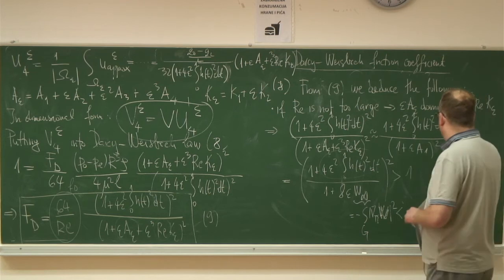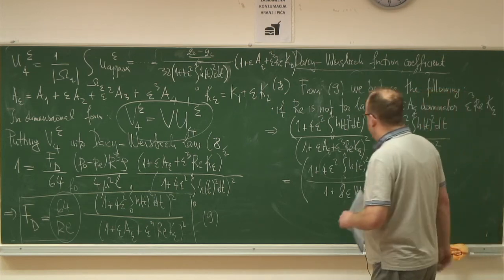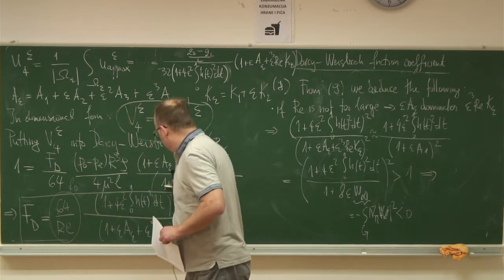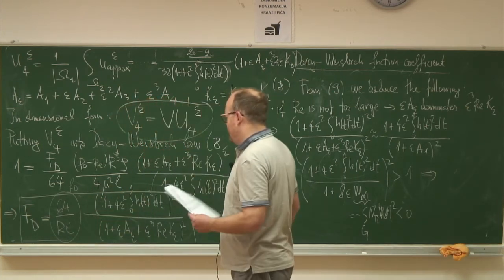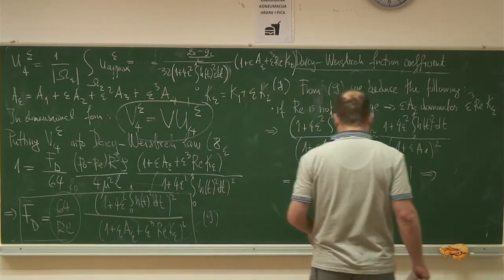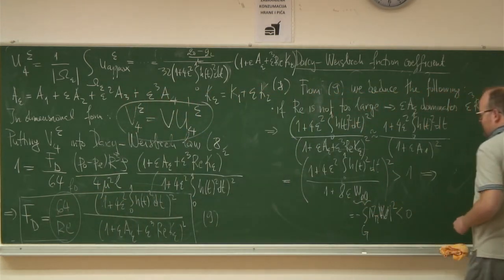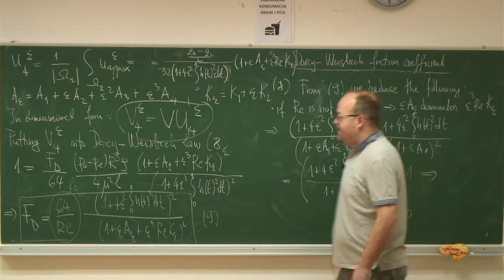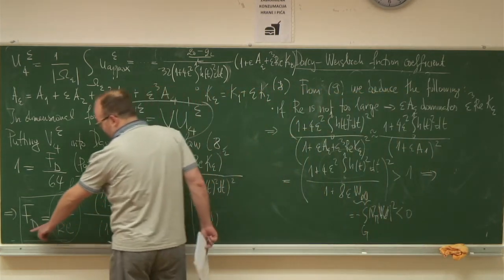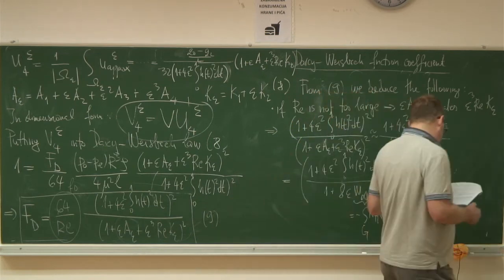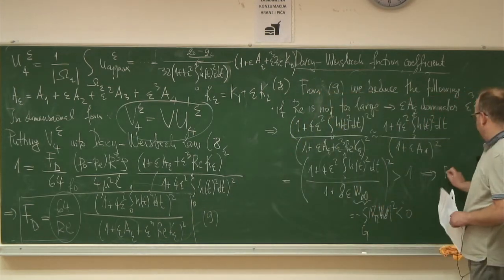So what is the conclusion? So we obtain that this multiplying factor that corrects the friction coefficient is greater than 1. That leads to a conclusion that the pipe's roughness essentially increases the friction coefficient, and that is to be expected, okay?